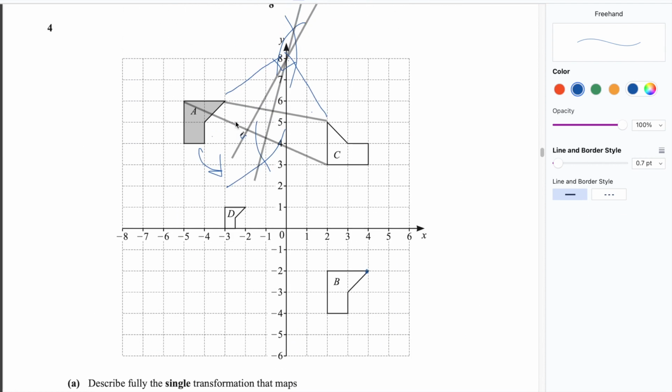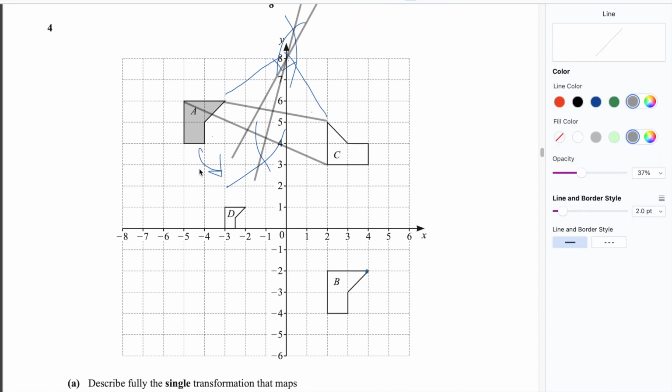Now, in order to find the center of enlargement, draw and join one point to its image, then another, for example these two.